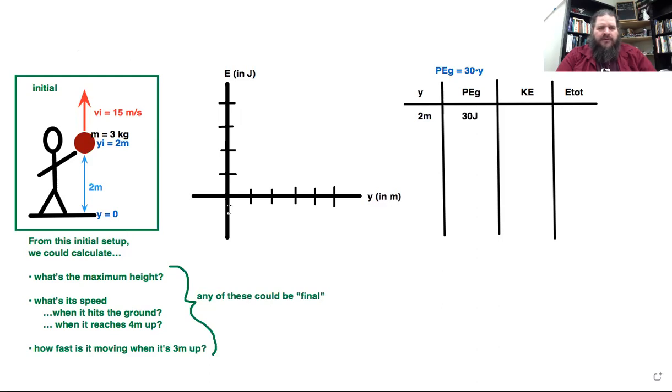So if we call these, let's see, this is 2 meters, 4 meters. And this is 40 joules, 20 joules, 10 joules, 0. Get everything properly to scale here.